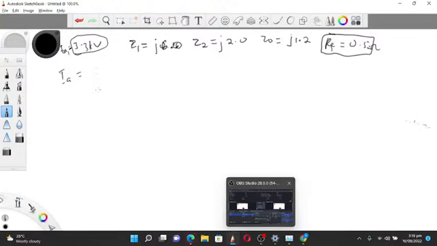Since the voltage is a line voltage, we change to phase by dividing by root 3. These are things we already know. Then we divide by Z0 plus Z1 plus Z2 plus 3ZF. Do this and you get your fault current IA.